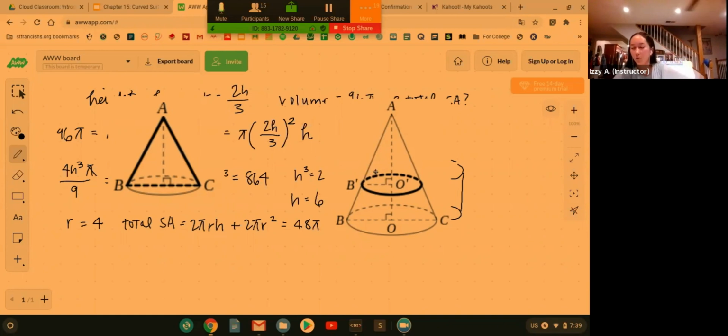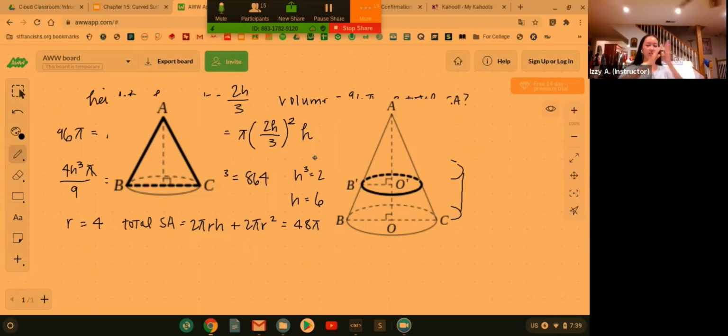And then as for cutting the cone horizontally, you got a knife, well, pow, you cut it horizontally, you would get a circle.